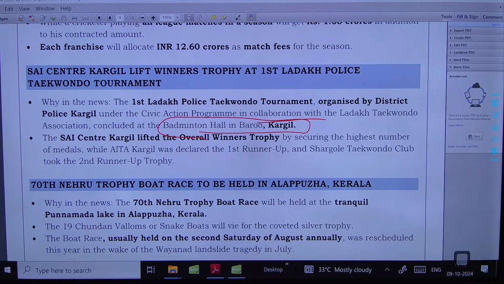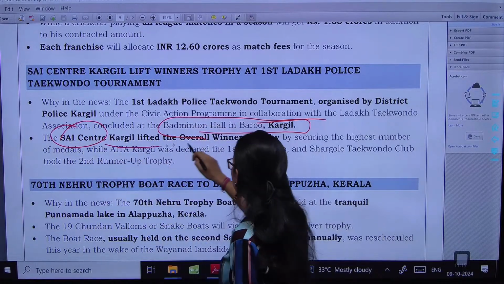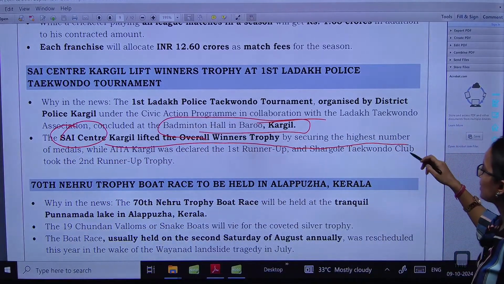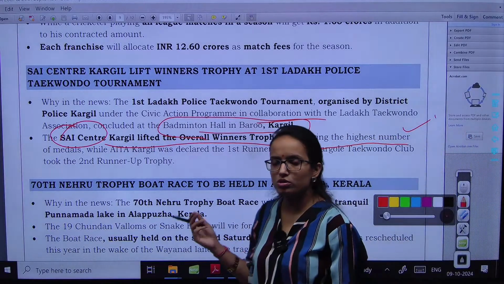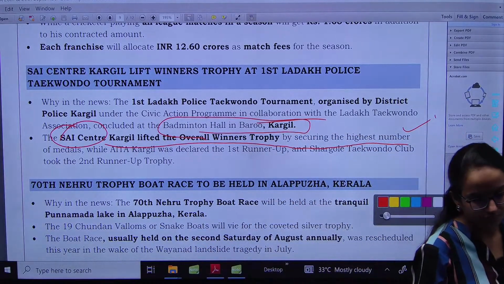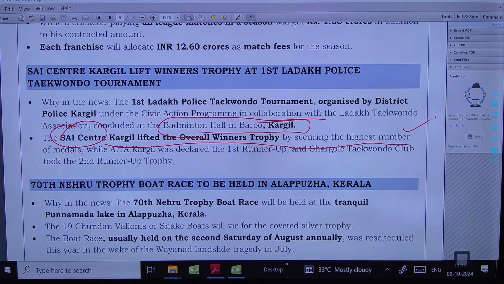This is one of the Sports Authority of India's centers. SAI Center Kargil lifted the overall winners trophy by securing the highest number of medals. SAI is the Sports Authority of India, you all know. Kargil has lifted this trophy.